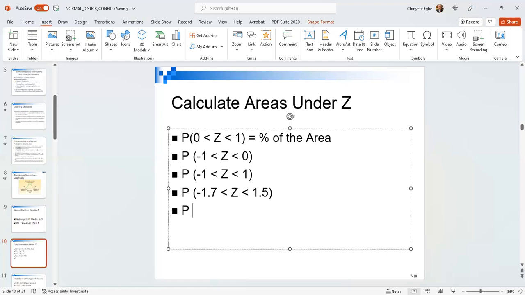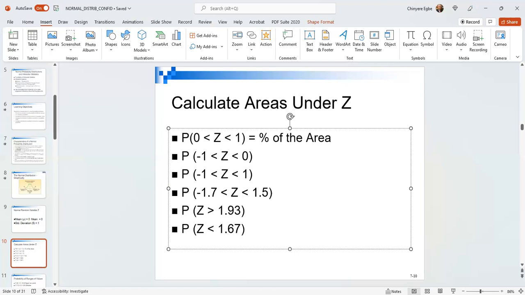What percentage of the area of Z is greater than 1.92? Percentage of the area, or probability Z less than 1.67. And I'm using arbitrary numbers here. Okay, so we're going to go through each of these.